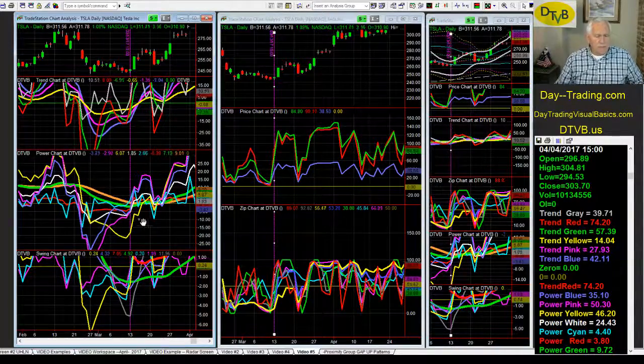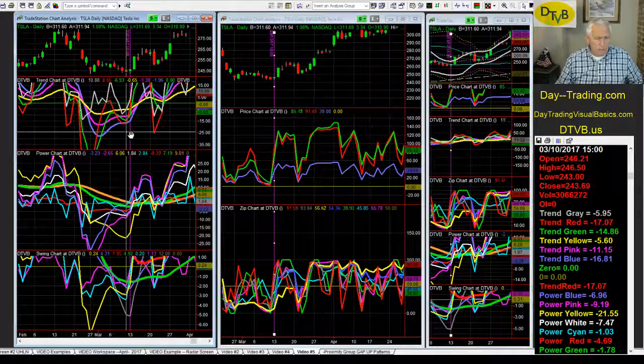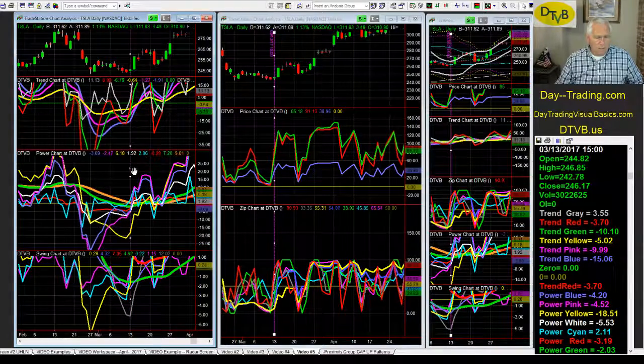The other thing, if you go back to the last red candle, that would be the day before the pink line in the power chart, right down in here. This is the last day that the power 4, the pink, blue, white, and yellow, are underneath the 0 line and the power orange and green line.